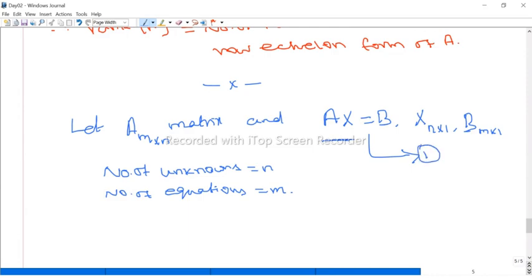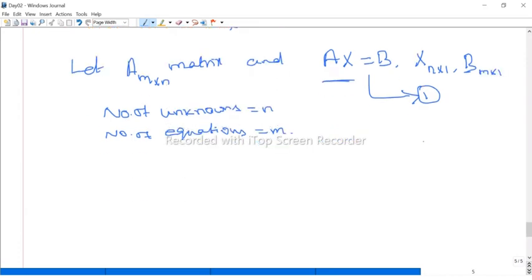Now, when does equation number 1 have a solution, exactly one solution, or no solution?